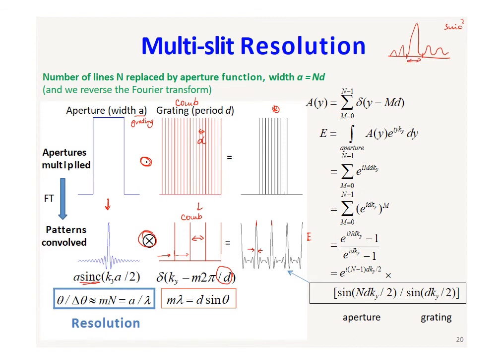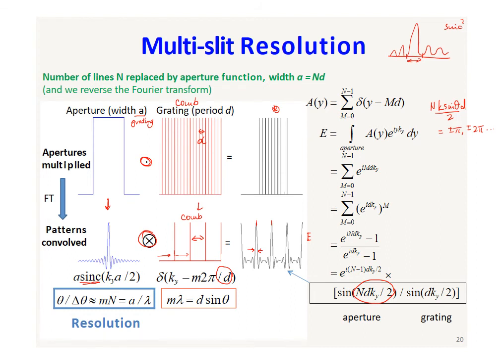And this sinc will have minima when the argument here, I can rewrite it here as n k sine theta d on 2, is equal to plus or minus pi, plus or minus 2 pi, and so forth.